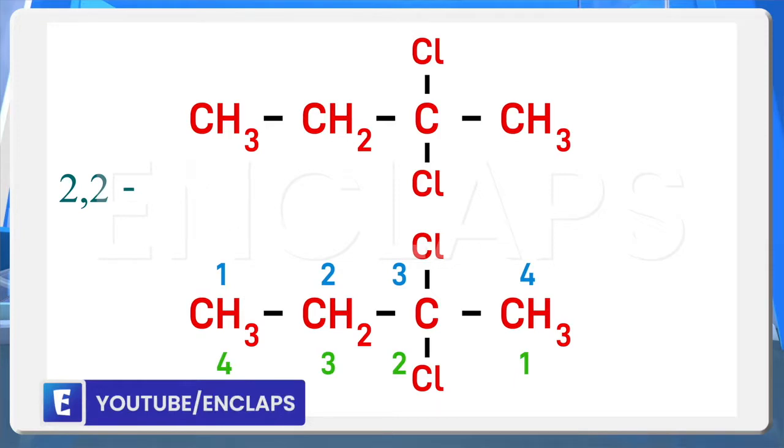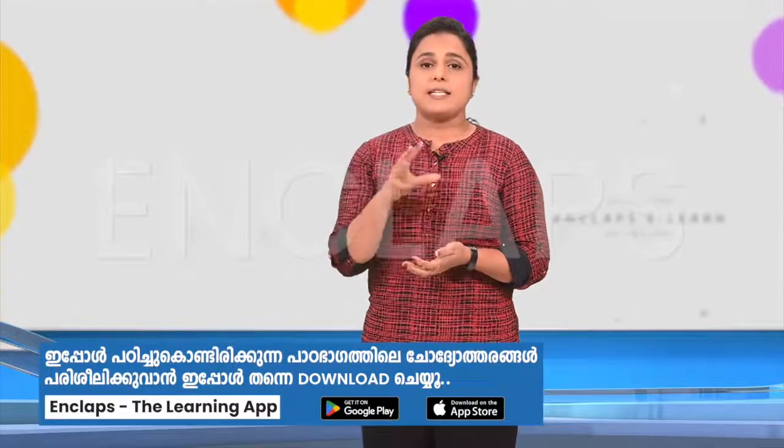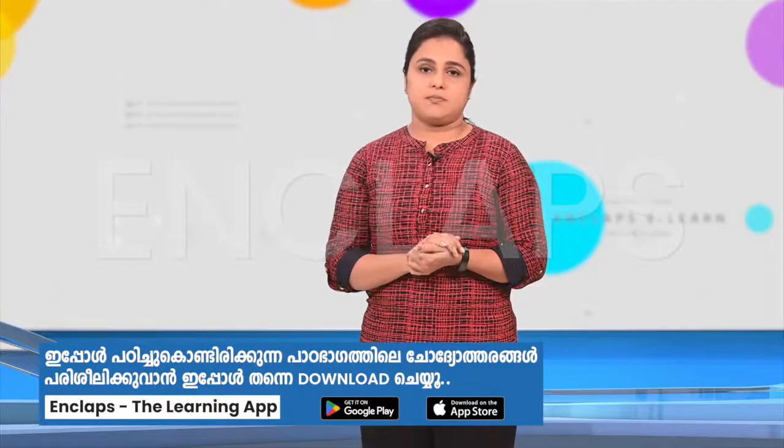Name of the halo group, here chloro group. So 2,2-chloro. Then what is the alkane? Butane. So the name of this halo compound is 2,2-dichlorobutane. Why dichloro? 2 chloro groups are present, so we use the prefix di. So the name is 2,2-dichlorobutane.